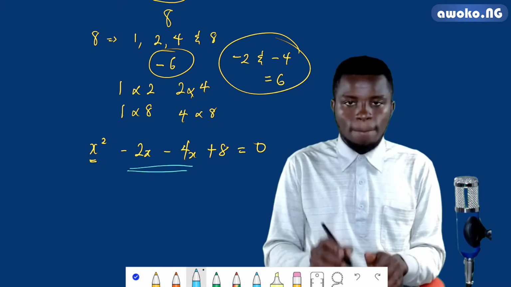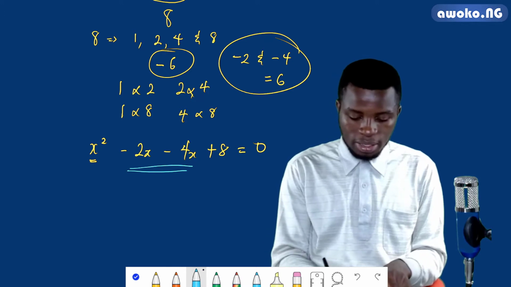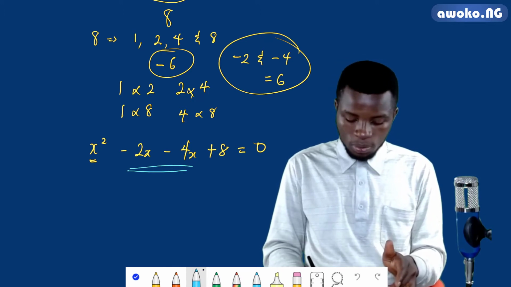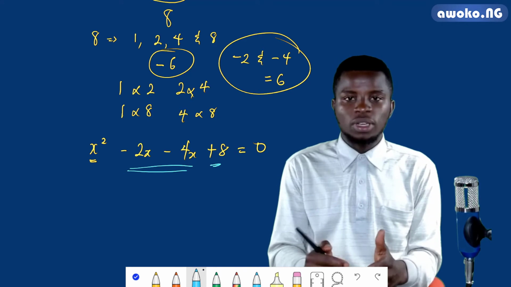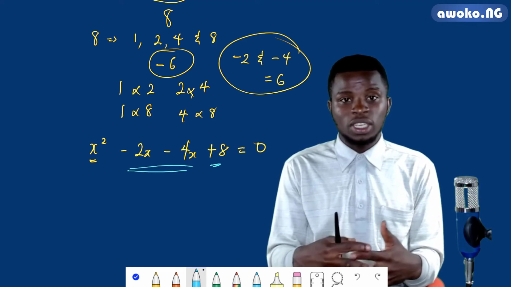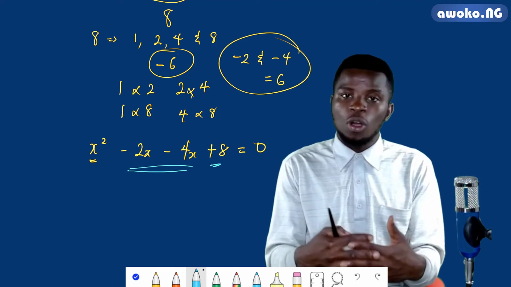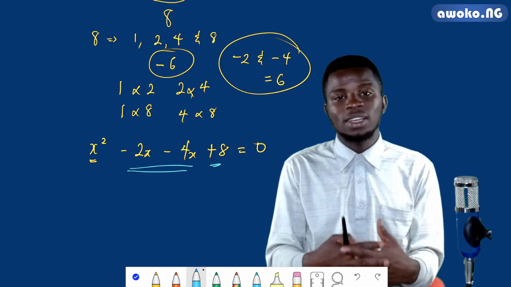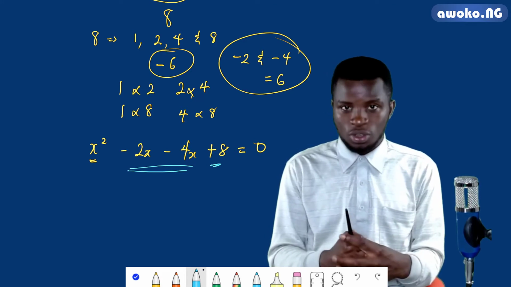Minus 2x minus 4x is the same thing as minus 6x, and we have 8 here and 8 here. So I've not done anything. What I just succeeded in doing is to impute the factors of 8 inside the original equation.